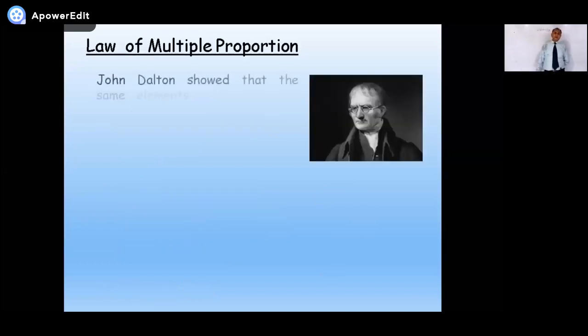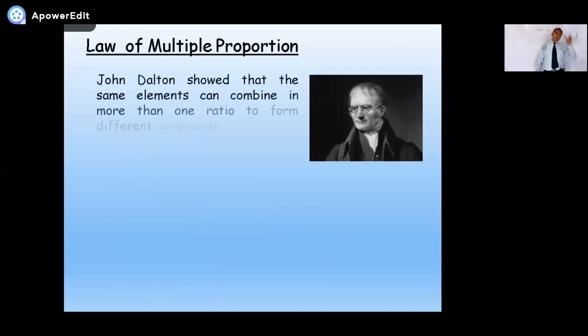The answer to this question was given by Mr. John Dalton. He showed that yes, 2 elements can combine to form more than one compound. For example, hydrogen and oxygen combine to form H2O, water, and under different conditions, they may also form H2O2, hydrogen peroxide.